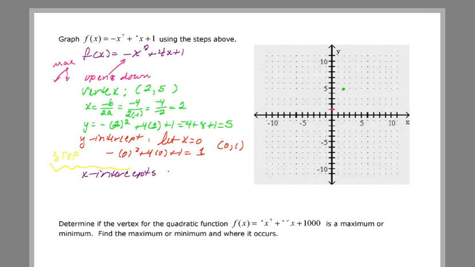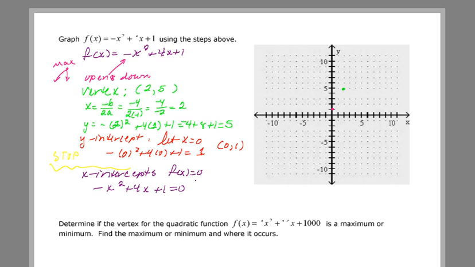And remember, to find the x-intercepts, we let f of x be equal to 0. So I'm going to take that quadratic, negative x squared plus 4x plus 1, set it equal to 0, and work on solving it. This one's not as easy to solve as the previous one that was in that other format. I'm going to have to use the quadratic formula because it doesn't factor.